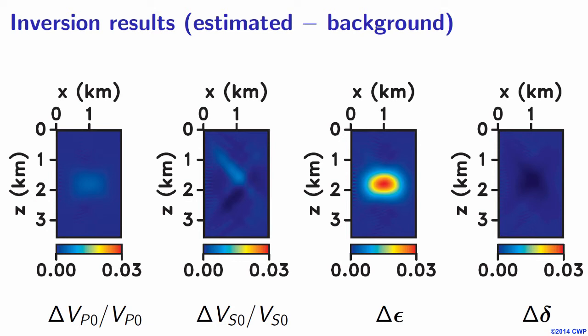The same for delta. And the only parameter that gets updated is epsilon. So ideally, we'd have liked the inversion to update the parameter epsilon by 0.04, but in this case, it just goes to 0.03. Again, we are dealing with very small values, so this is a reasonable result to expect.